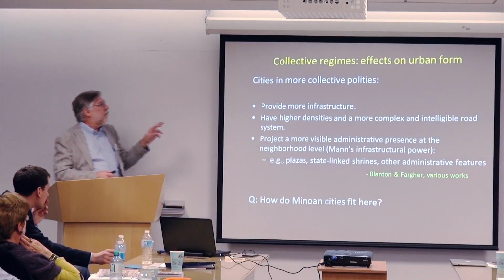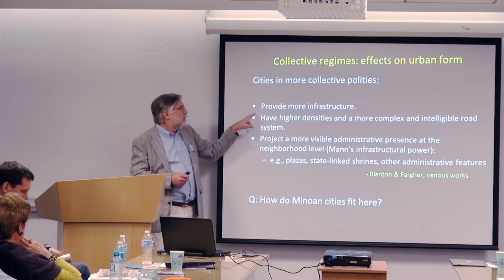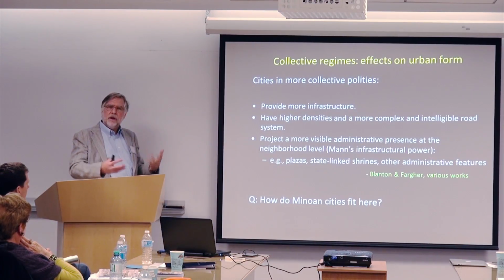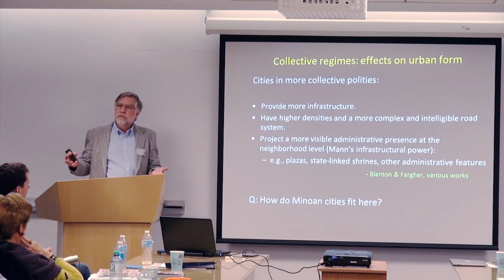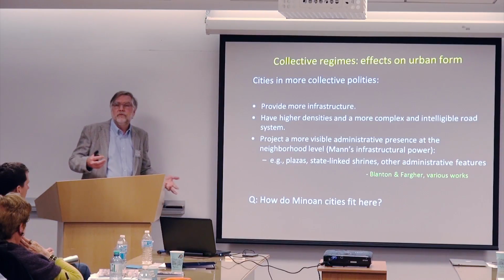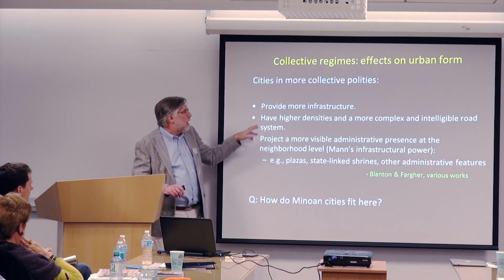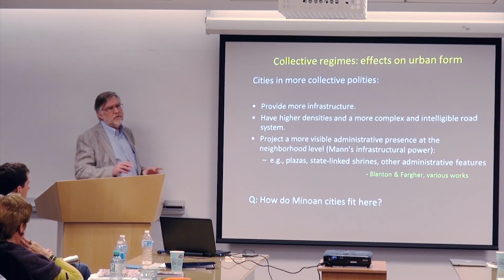So, collective effects on urban: how does this affect urbanism? In more collective polities, more infrastructure is provided. The ruler is providing infrastructure, which are things that people are getting some benefit out of. This could be urban or rural infrastructure. These polities tend to have higher densities and a more complex and intelligible road system, though I'm not so sure about the road system.